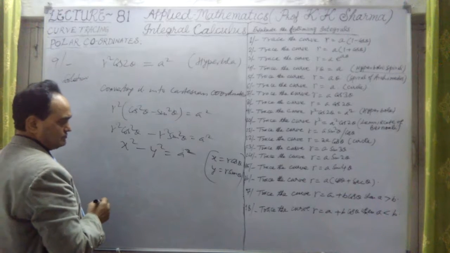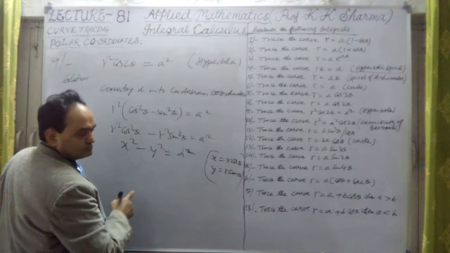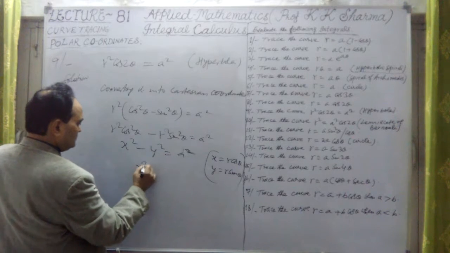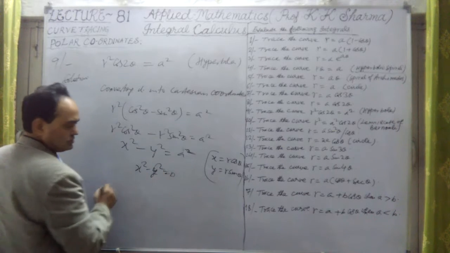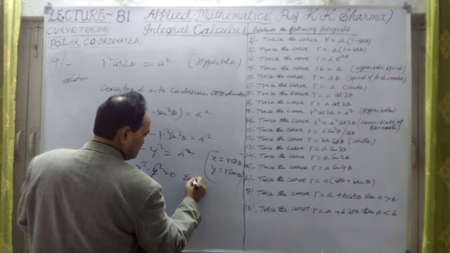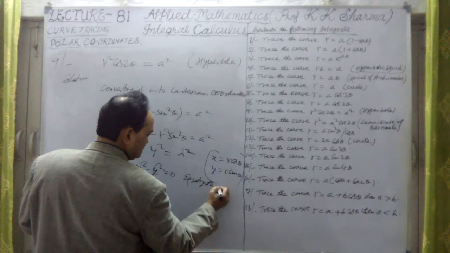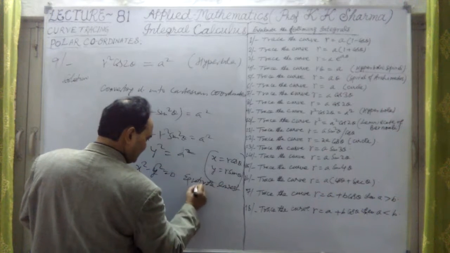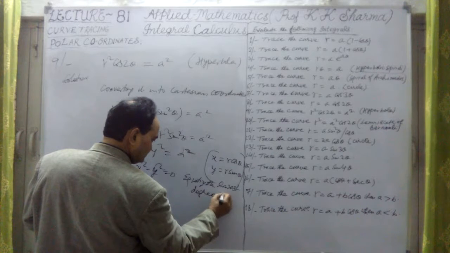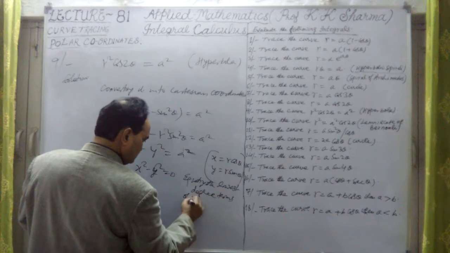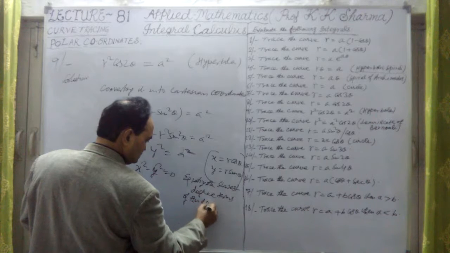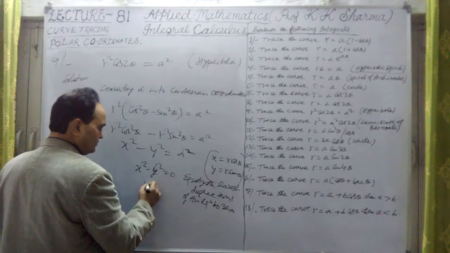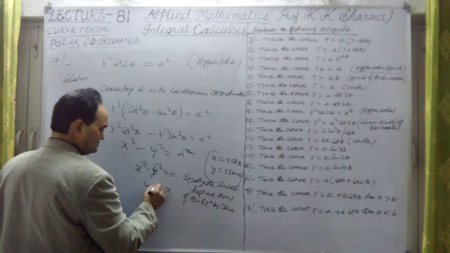Here, if I equate the lowest degree terms of this equation to 0, that means x square minus y square equal to 0, or y equal to plus minus x.